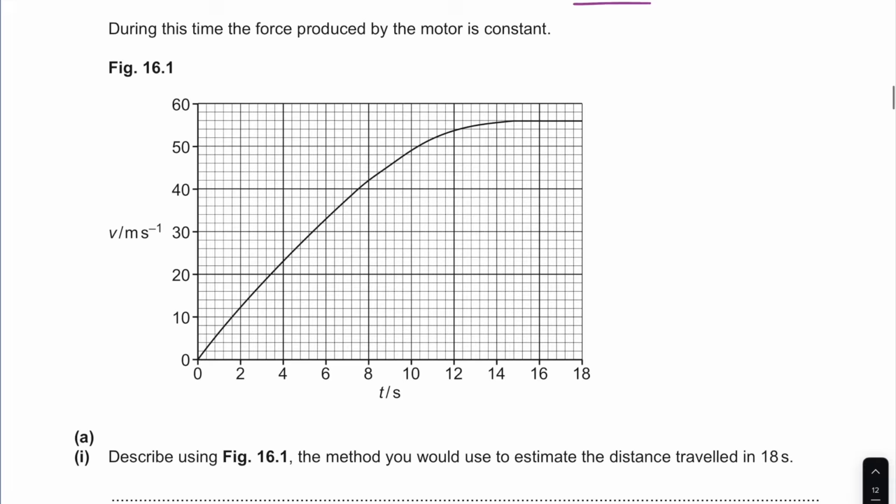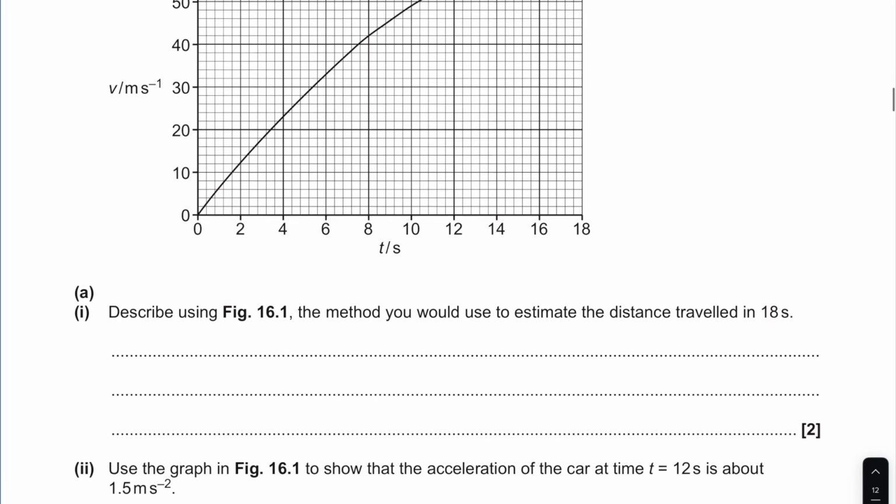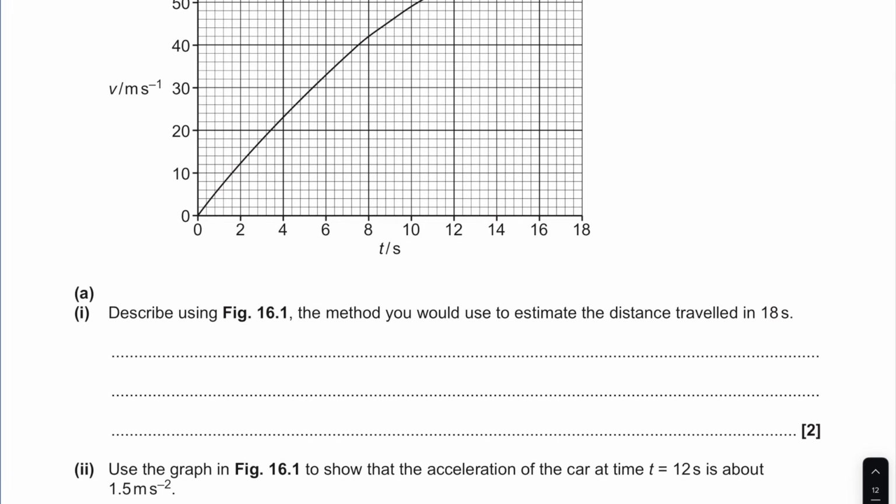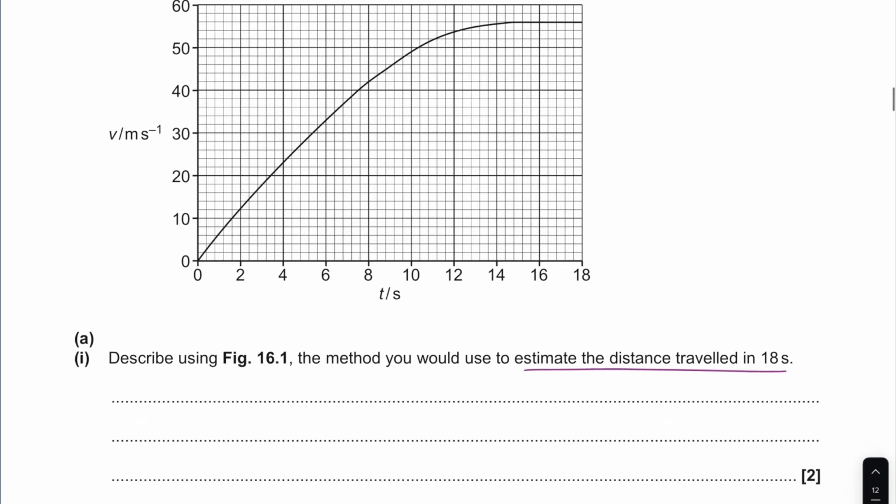During this time, the force produced by the motor is constant, and we've got to describe, using figure 16.1, the method you would use to estimate the distance traveled in 18 seconds. Because this is a velocity time graph, it would be the area under the graph that will give me the distance traveled. And in order to work out the area, I would look at the little sections.